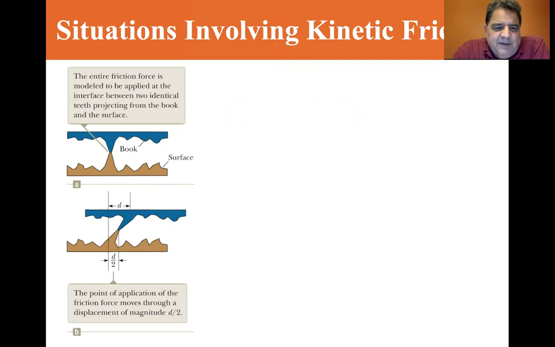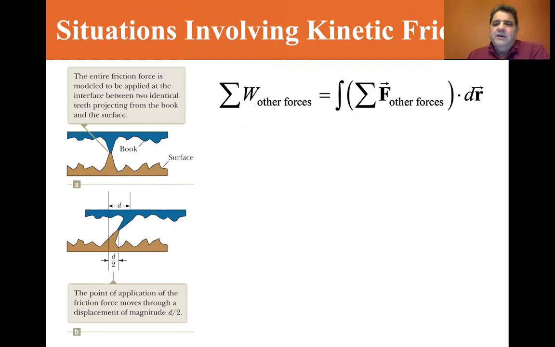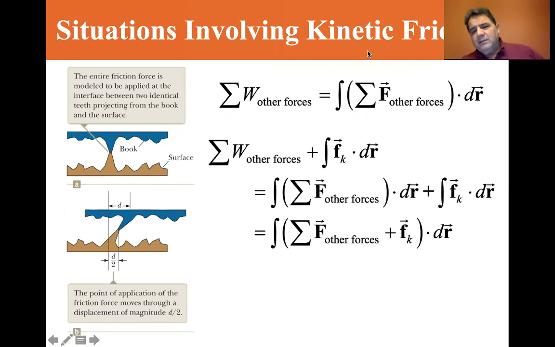The point of application of the friction force moves through a displacement of magnitude d divided by 2. And there's a lot of derivation going on here, and I'm not going to go through it. You're welcome to go through it, but if you just follow the examples that I do for problems, we'll get it.